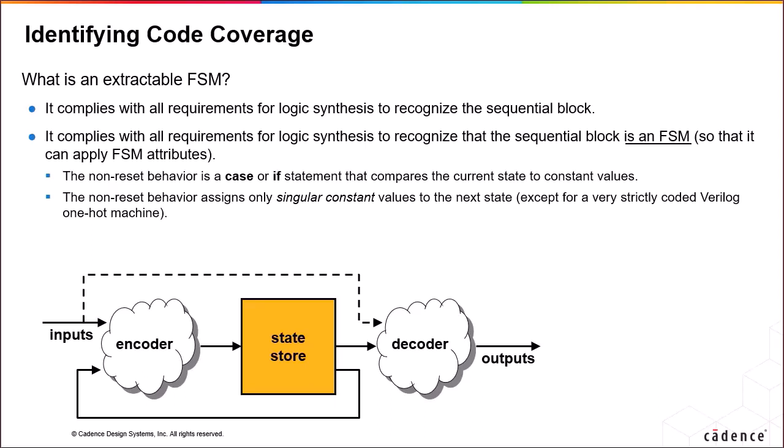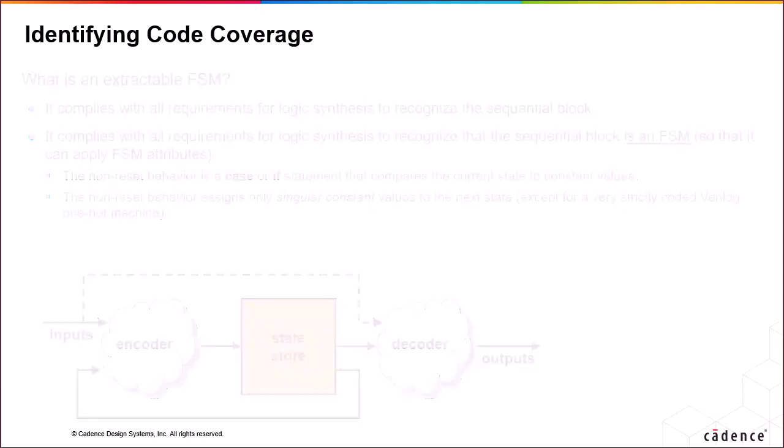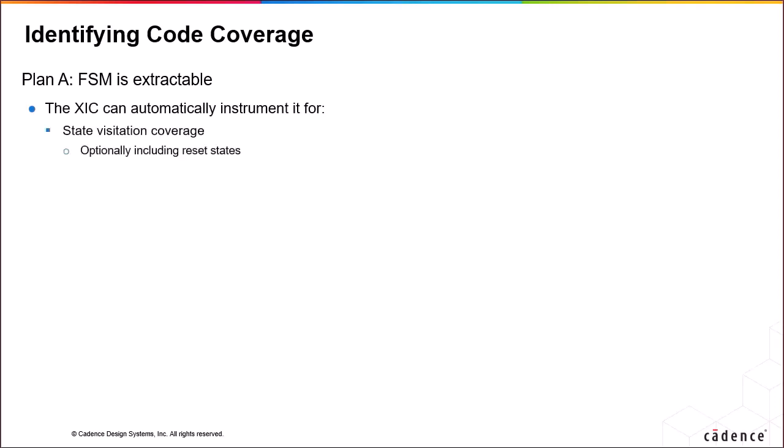Except for a strictly coded Verilog one-hot machine, these assignments must be to the whole state vector, and not only a bit select or part select of the state vector. If the state machine is extractable, then you can obtain automatically instrumented coverage for state visitation, optionally including reset states.